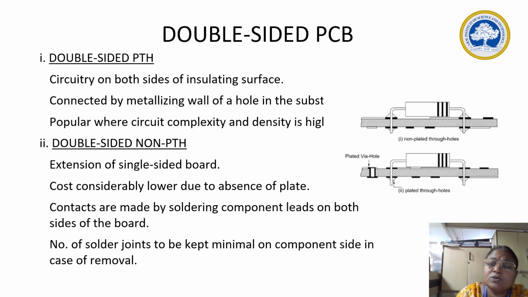Contacts are made by soldering, which is a conventional method of soldering, where we have a number of solder joints. These are kept minimal on the component side in a non-plated case. So these two differences play a vital role in building the double-sided board.